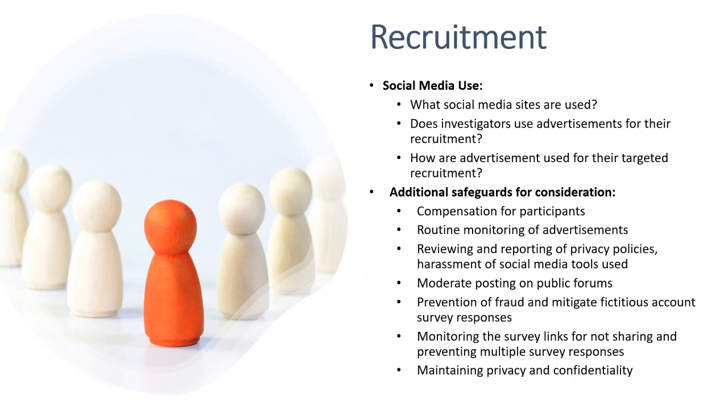How are you targeting them? What platform are you using? What kind of tools are you using for people in those specific regions? Typically this can be addressed by including appropriate eligibility criteria as part of a screening survey. When using social media to recruit, researchers should put safeguards in place, which we will discuss with the additional safeguards for consideration.